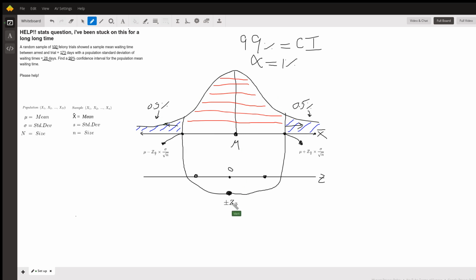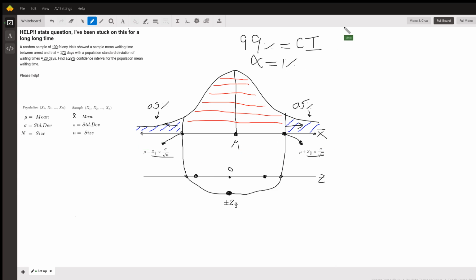So we don't want to find the z-score associated directly with alpha. We want to find the z-score associated with alpha divided by 2, which will give us these values here, that we can then use to find what our margin of error will be to subtract and add to our sample mean.